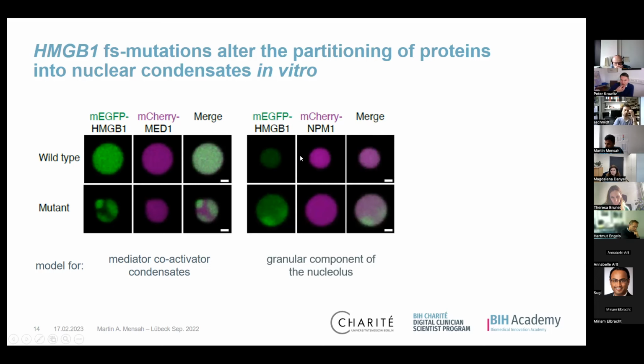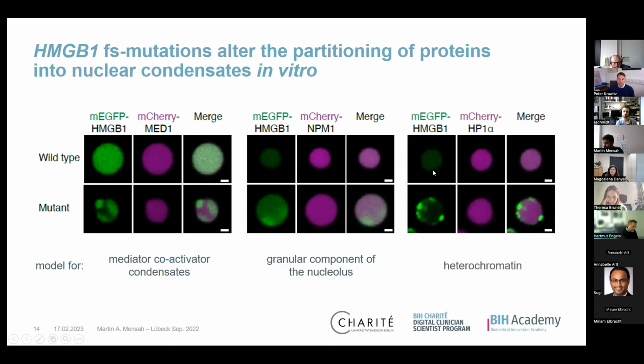And usually, where we see NPM1 signal, we barely see, if not nearly nothing, wild type HMGB1 signal. However, mutant HMGB1 has a stronger signal there. And this means mutant HMGB1 is not where transcription takes place anymore, but now it's within the nucleolus. So it changed its position.